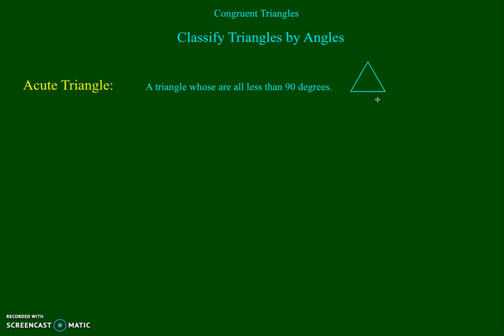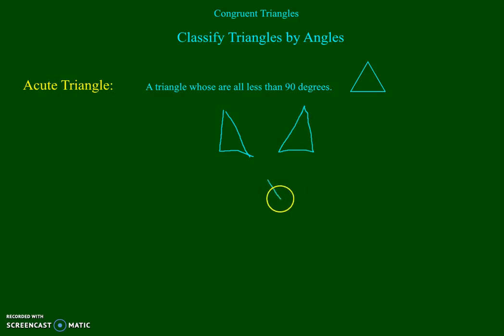Now that's not so bad, because if we were to take a look at what we think might be a right triangle, it would be something really roughly like this. You could see that if this thing were slanted in, this would be less than 90 degrees, and so would this, and so would this.